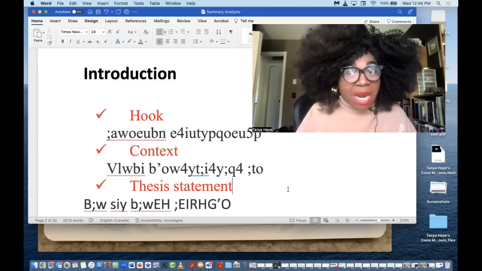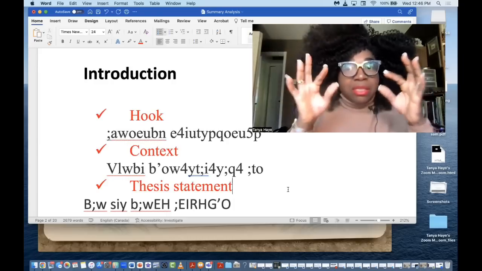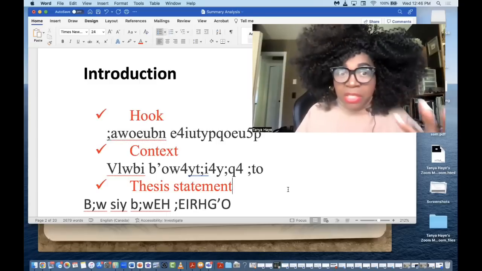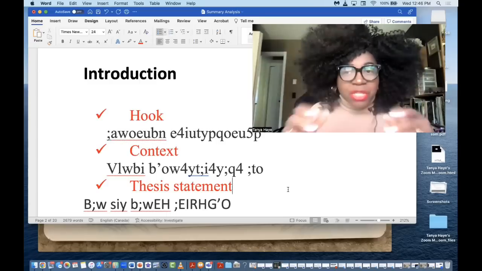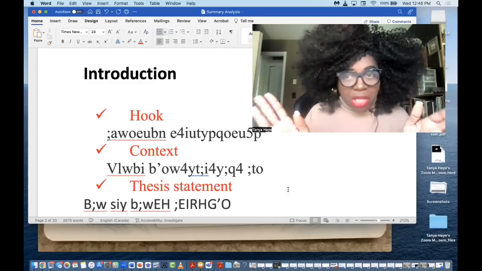So before you start writing, typing, break it down so that you can have a better understanding and so that you can keep on track.